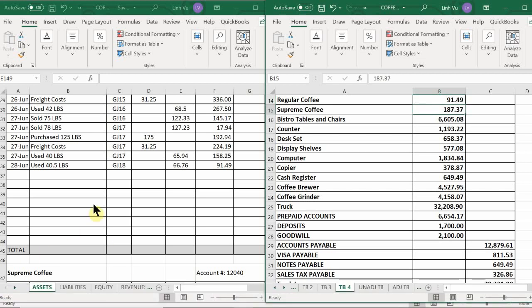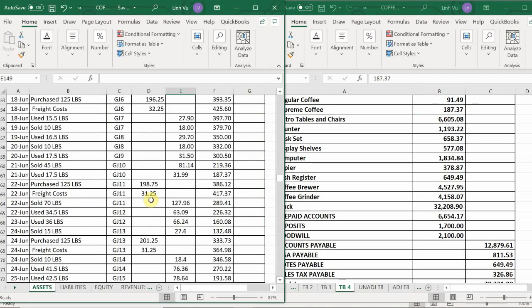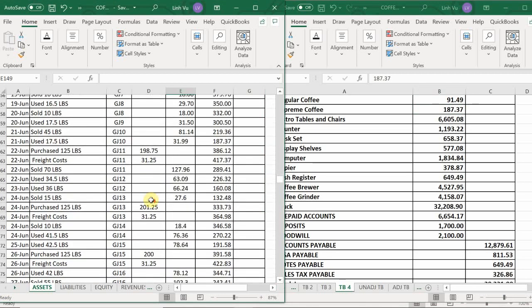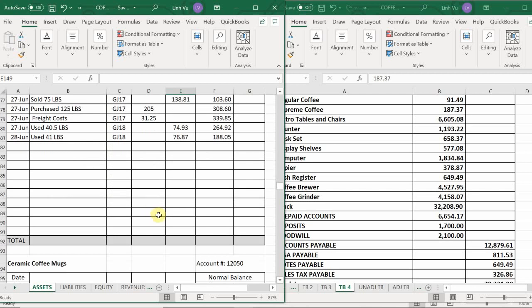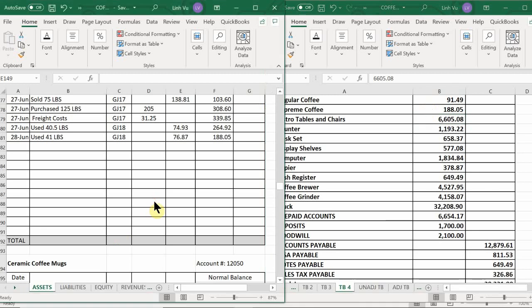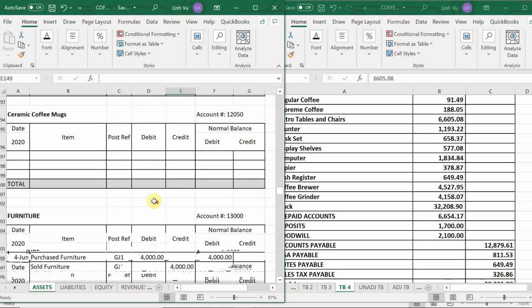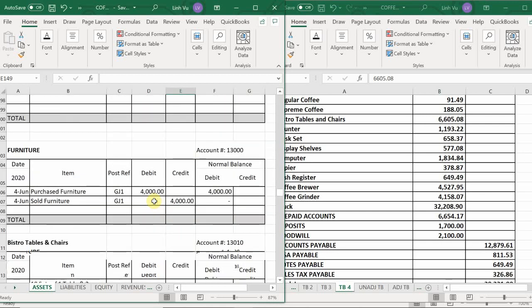My Supreme coffee, $188.05. Okay. No ceramic coffee mugs yet. We haven't converted our periodic inventory yet. Okay. Furniture.